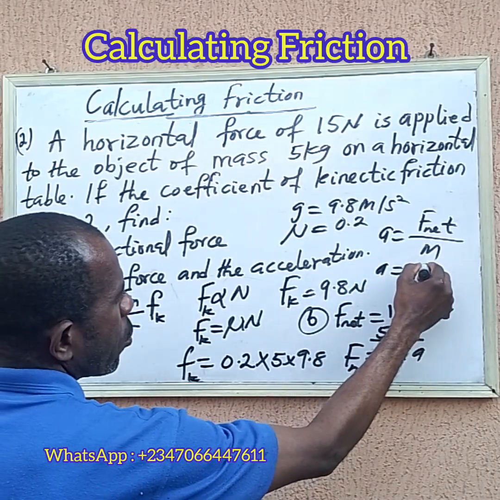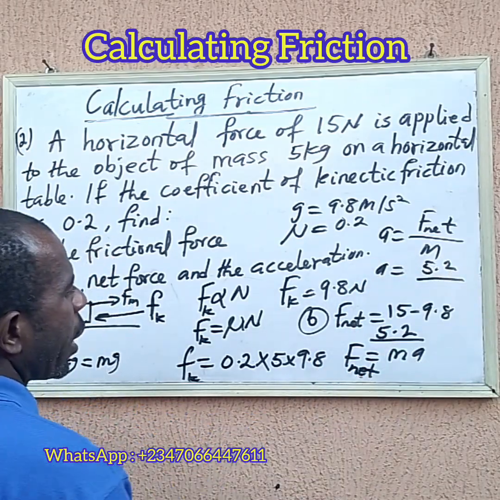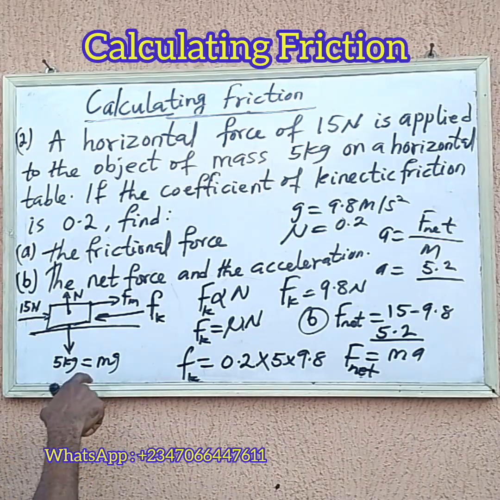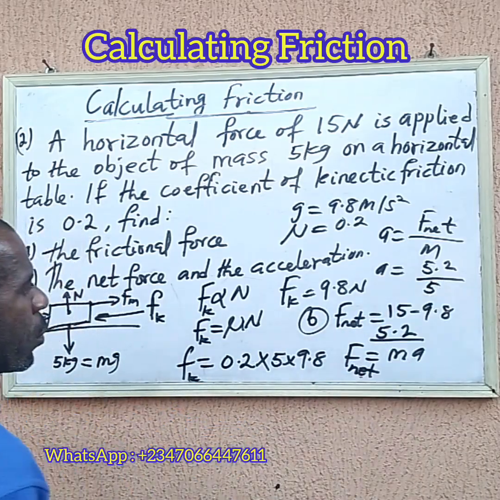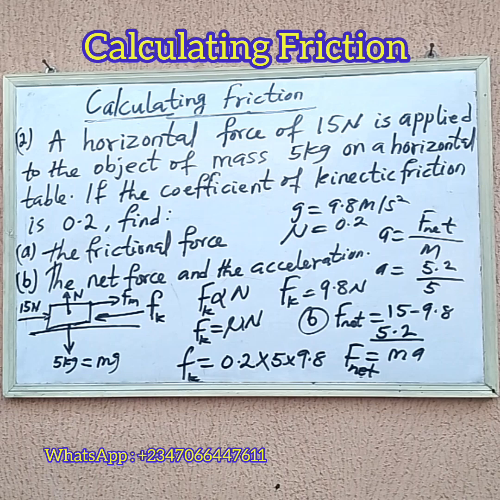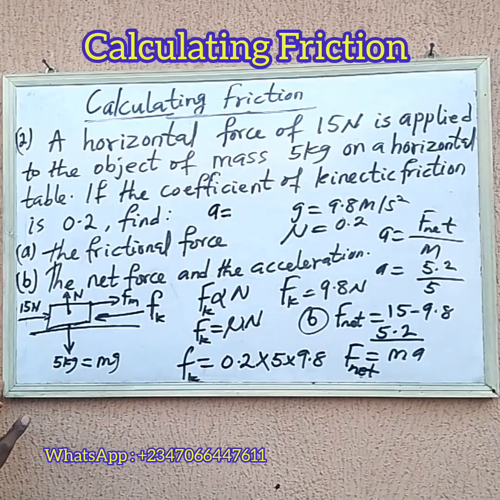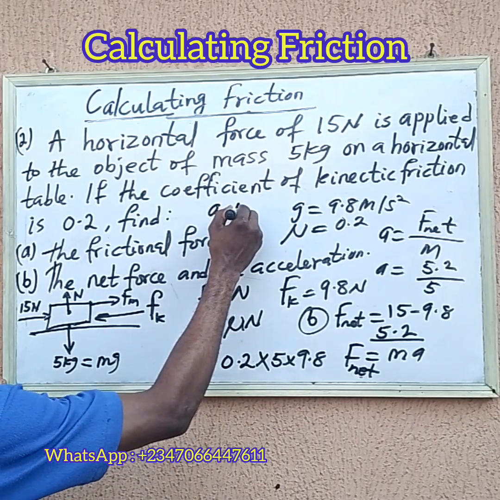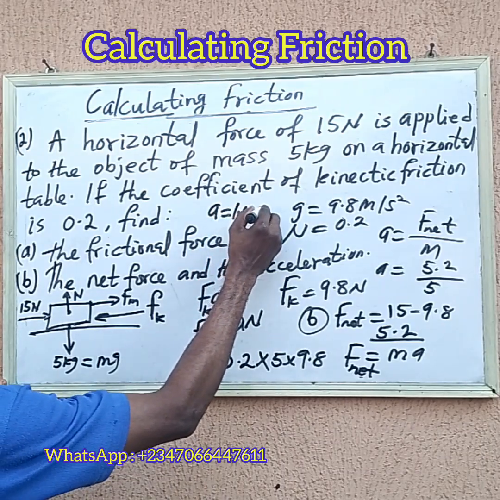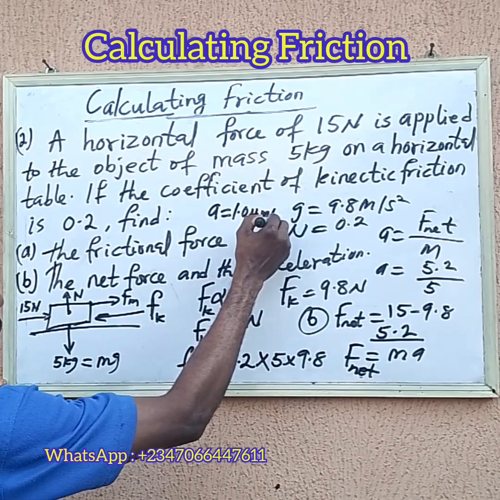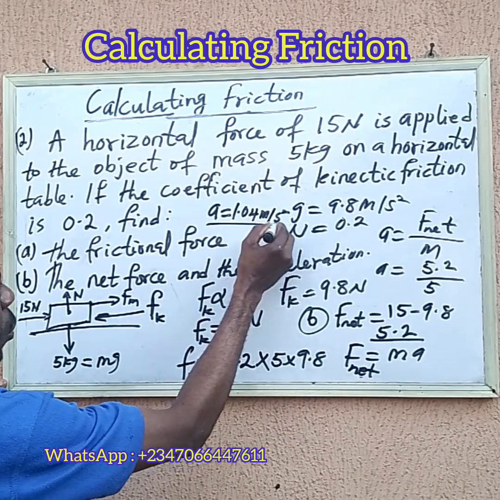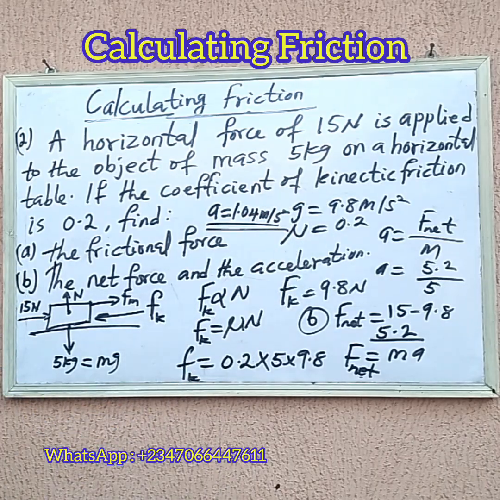F net is 5.2 over the mass, which is 5. Press your calculator and the answer is 1.04. So the acceleration is 1.04 meters per second squared. So this is your acceleration, and that answers the question.